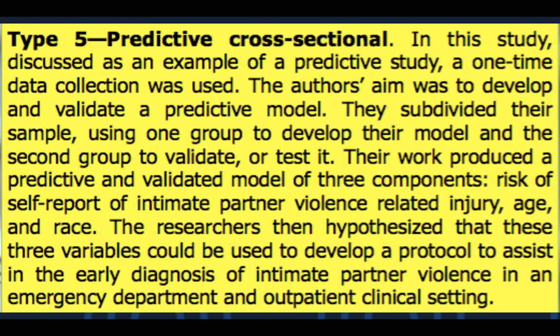Their work produced a predictive and validated model of 3 components: risk of self-report of intimate partner violence-related injury, age, and race. The researchers then hypothesized that these 3 variables could be used to develop a protocol to assist in the early diagnosis of intimate partner violence in an emergency department and outpatient clinical setting.